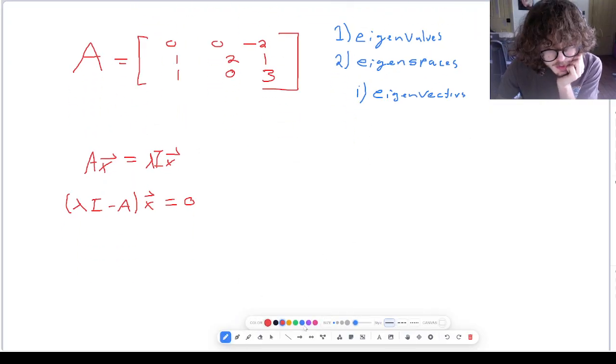Remember, what we want to do is find the eigenvalues here. So we're going to take a determinant on both sides.